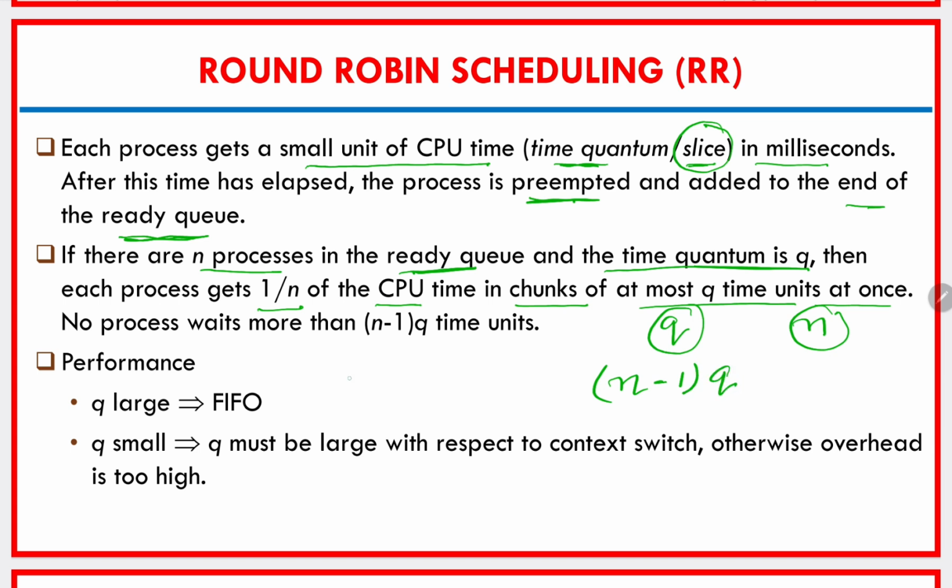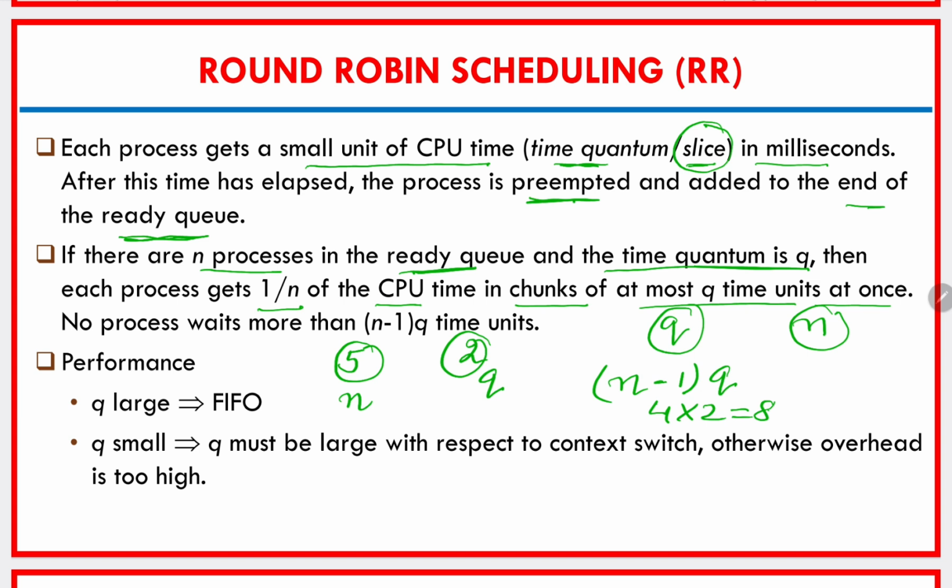For example, let's suppose we have 5 processes and the time quantum set is 2. If we put both these values in, the number of processes is 5, the time quantum is 2, so 5 minus 1 is 4, times 2, that is 8 time units. That means after every 8 time units each process will get its turn.